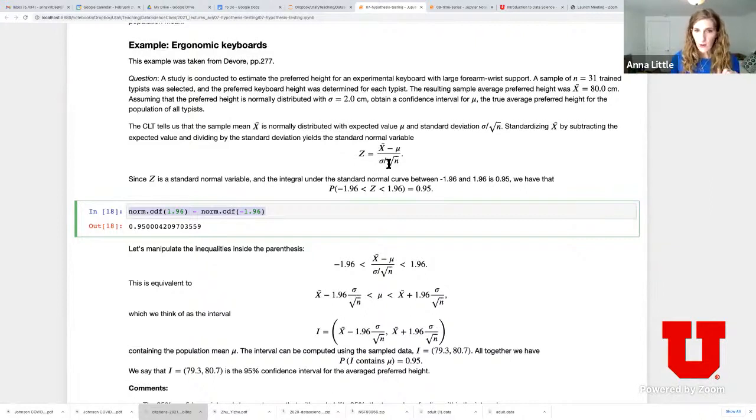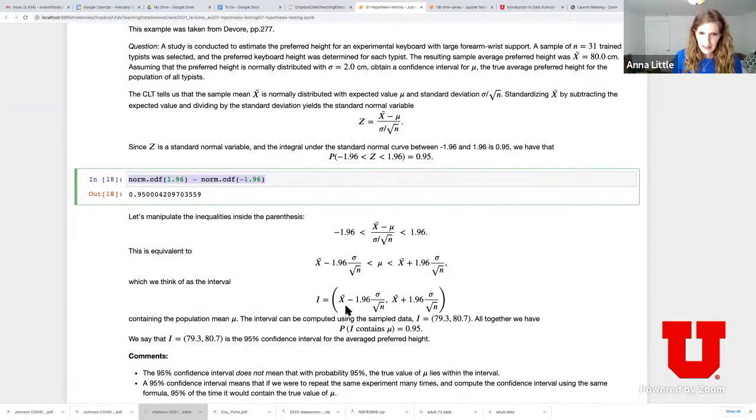So even though we could not actually compute the value of z because we don't know mu, we can use this procedure to flip it around and get a range of values for mu, because note, this upper bound you can compute, right? This lower bound you can compute. You know the sample mean, and you can approximate sigma, or maybe they tell you in the problem, and you know n. And this is what the interval is, okay?